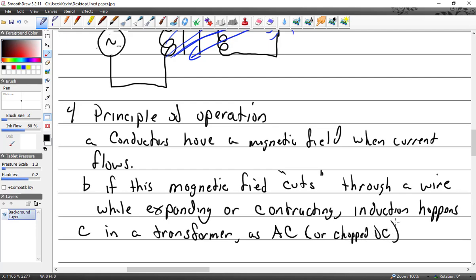That's what I did with that little square that I put there and said it was a cam, or the monkey that was flicking the switch on, or one of my kids who play with the light switch, or Steve back there who plays with the light switch next to him. So that's what you're doing. You're doing chopped DC, on, off, on, off. So in a transformer, AC or chopped DC is fed into the primary.